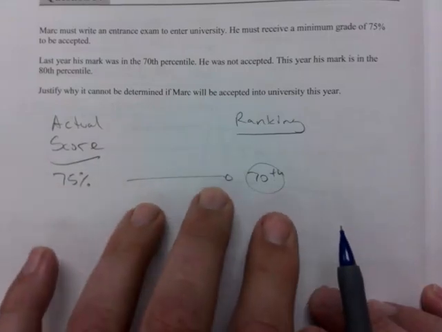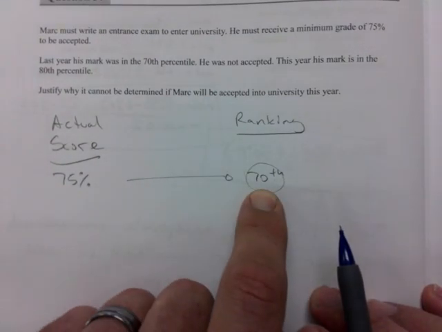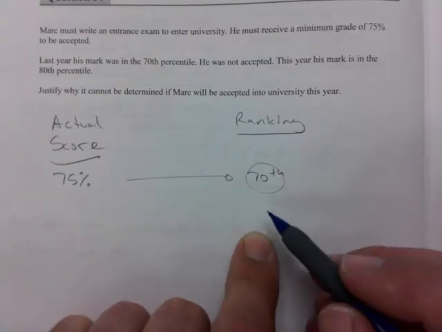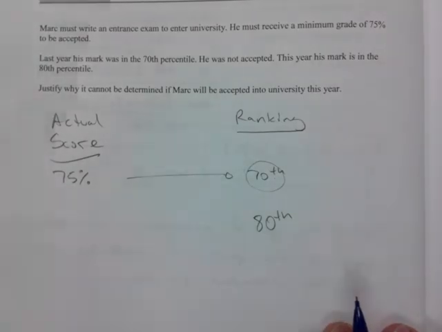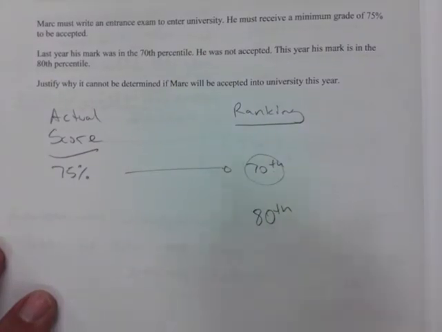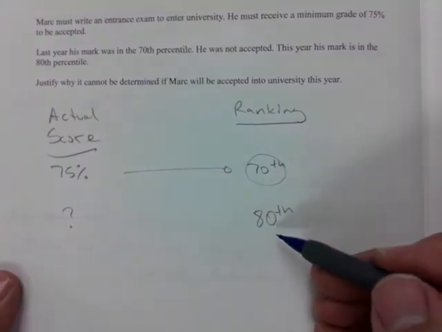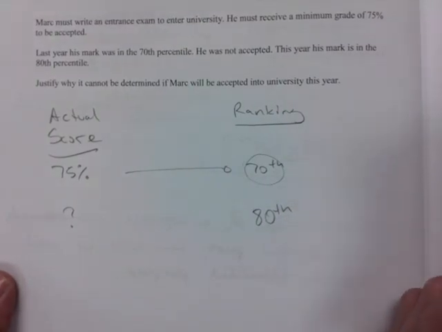So we cannot use the percentile ranking in the year following because all of a sudden he is in the 80th percentile. And remember, now everybody wrote a new test, a new exam. And so we actually have no idea what the test score is that goes with it. We just know that 80% of students scored less than him on the second year.